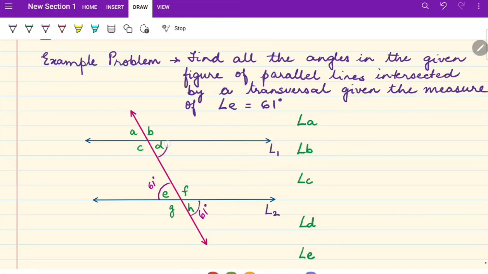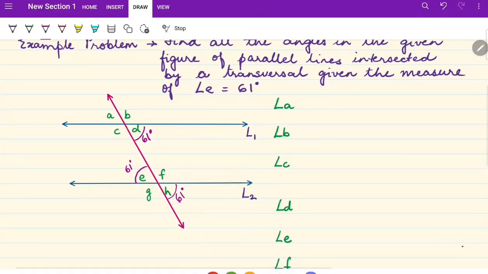So let's mark that here. This angle is also 61 degrees. So angle D will also be equal to angle E and therefore 61 degrees, because they are alternate interior angles.